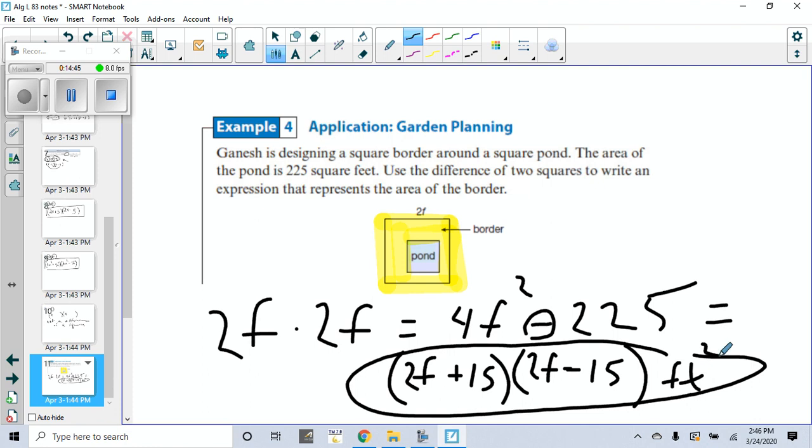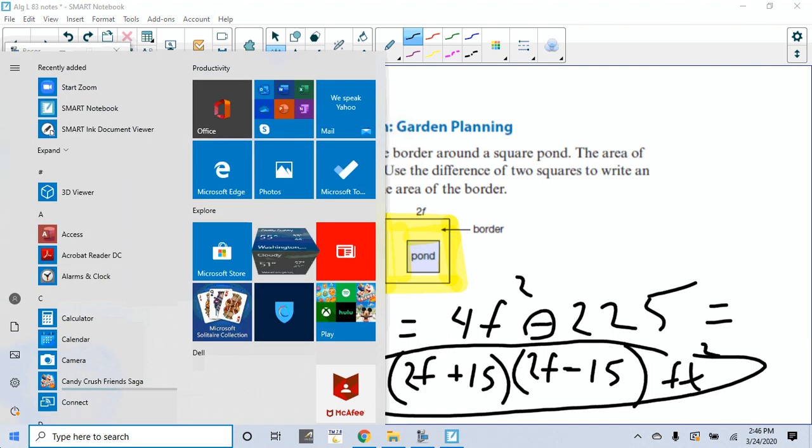So the two special products we've talked about are the difference of two squares and the perfect square trinomial. Just to review one more time, I'll add a slide here at the end.